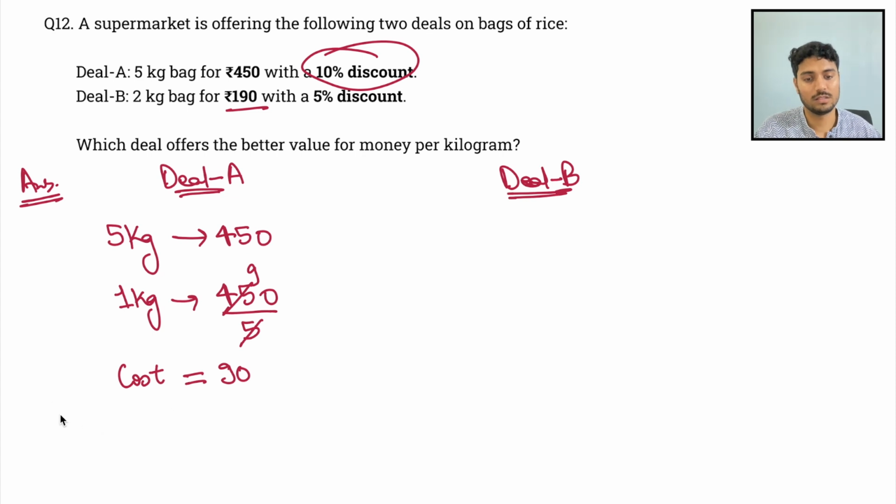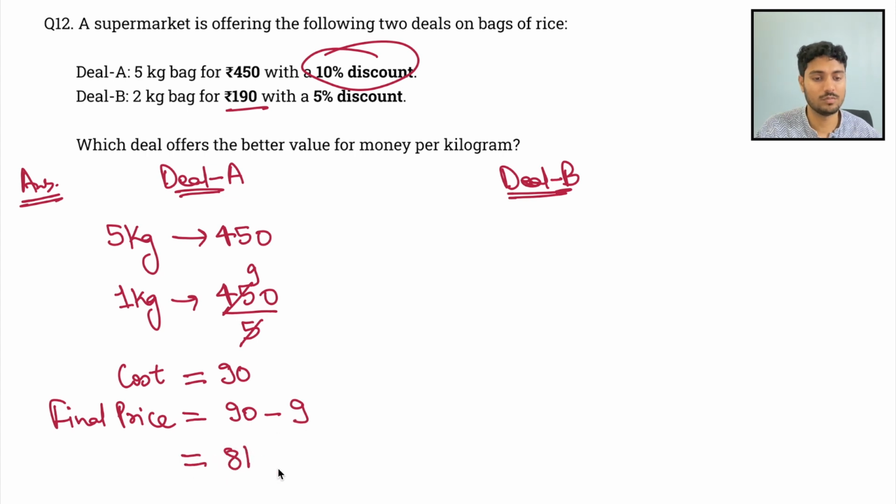So the final price after 10% discount is going to be 90 minus 10% of discount. So 10% of 90 is 9. So 90 minus 9, that is going to be 81 rupees. 81 rupees per kg. This is in first case.